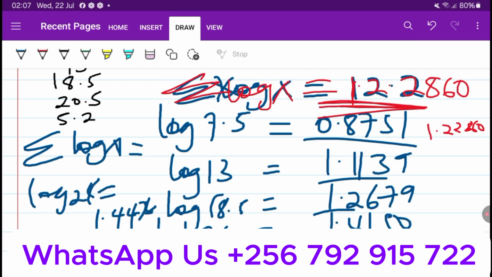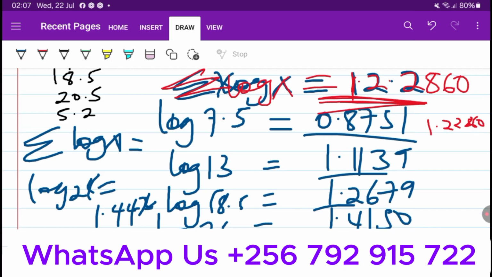So you will multiply 7.5 times 13 times 18.5 times 20.5 times 5.2 times 23 times 24 times 25 times 26 times 28. Our n is 10. It will be the 10th root of that product that you have gotten.